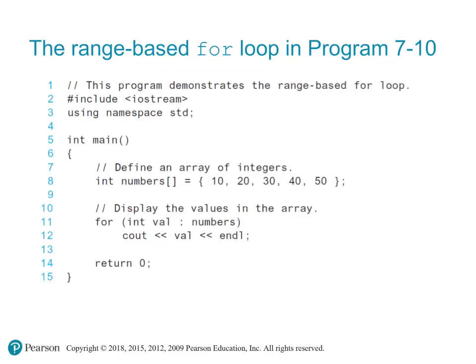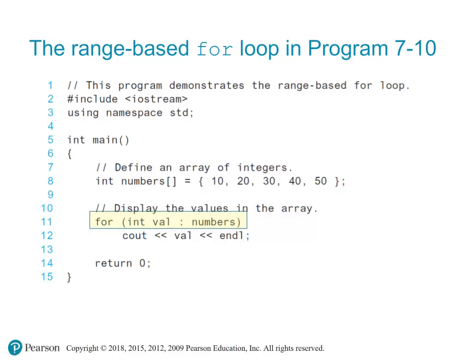The array numbers is initialized with 5 integers. This array is what we will be iterating over. The line for (int val : numbers), you can also use auto, is where this magic happens.